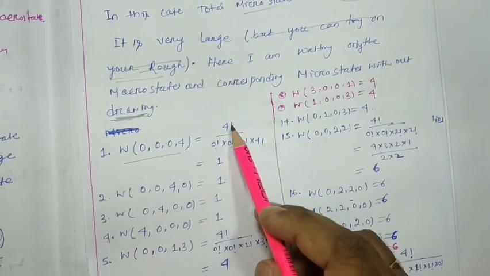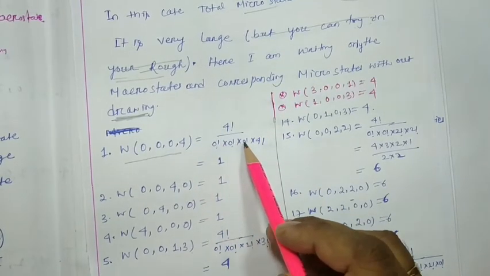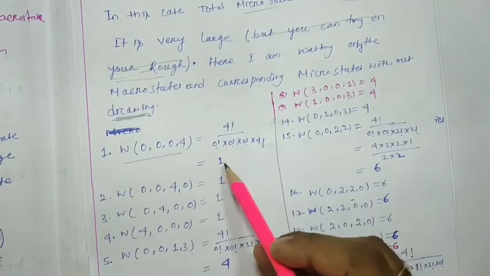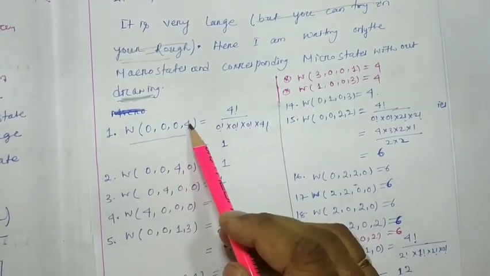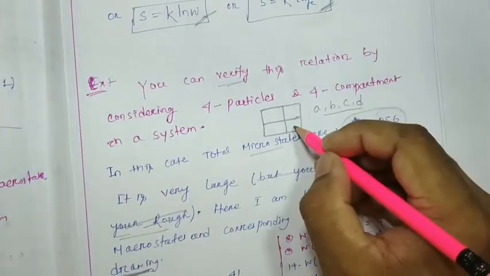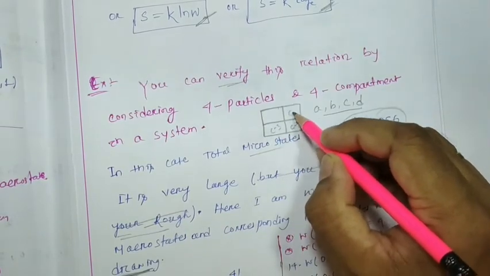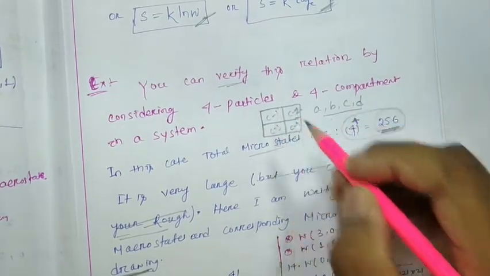That means 4 factorial, as the total number of particles is 4, divided by 0 factorial, 0 factorial, 0 factorial, and 4 factorial, which will be 1. Here 4 means all the particles will be in the 4th compartment. This is the 3rd compartment, this is the 2nd compartment, and the 1st compartment.